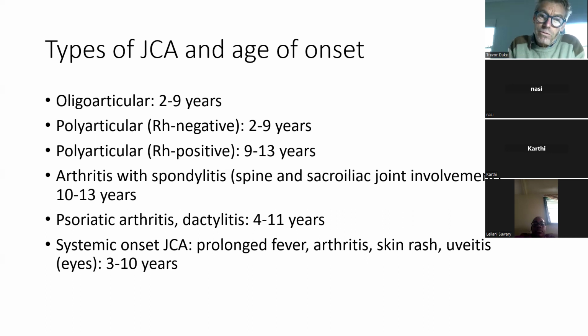And then the last form of juvenile chronic arthritis is systemic onset JCA, and those children are quite difficult to diagnose, but they often present with an acute or chronic hyperinflammatory condition with fever, prolonged fever and arthritis, and sometimes a skin rash, an erythematous skin rash.